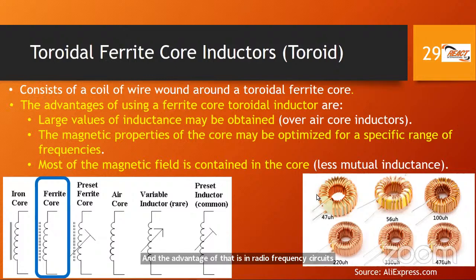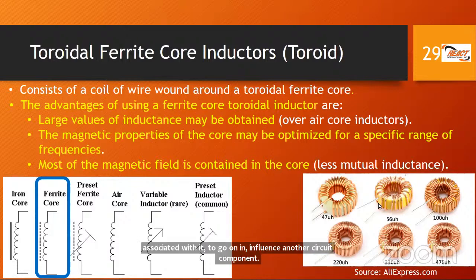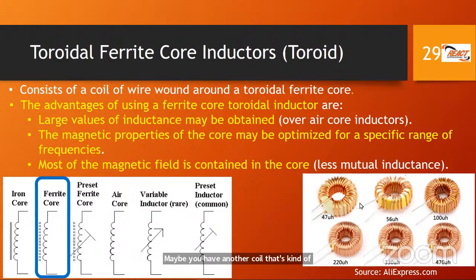And the advantage of that is in radio frequency circuits, you do not want this coil, the magnetic field associated with it, to go and influence another circuit component. Maybe you have another coil that's kind of nearby, that's maybe not well shielded, and you don't want to have that other coil affected through the property of what we said, mutual inductance. Remember what mutual inductance was? We said if you have a coil of wire, you have an alternating current that's flowing in, and it's going back and forth.